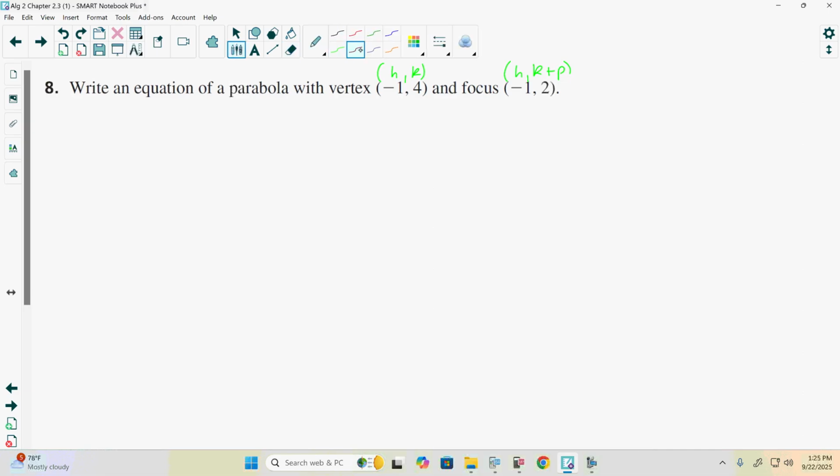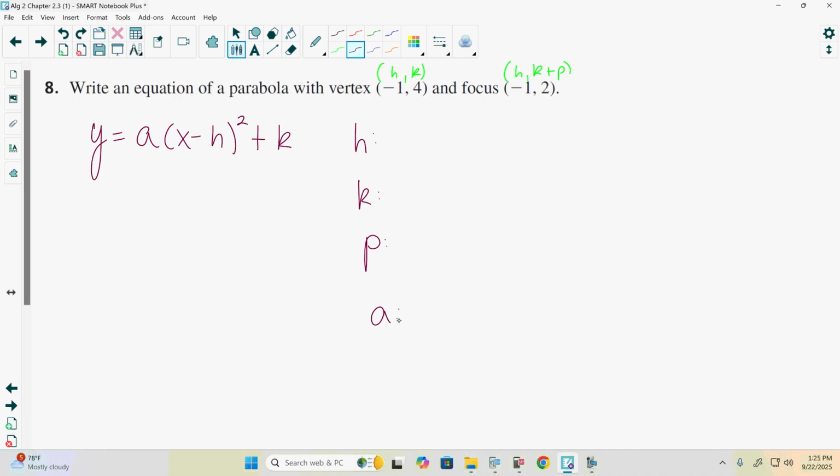Which means if we look back at the general form, h comma k plus p is our y equals equation. So it tells us that the general form for this has to be y equals a times x minus h squared plus k. h, k, p, a.